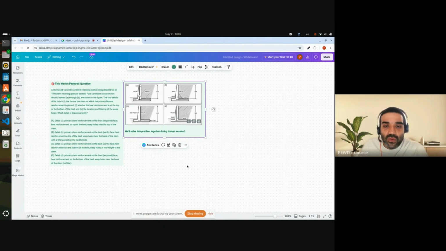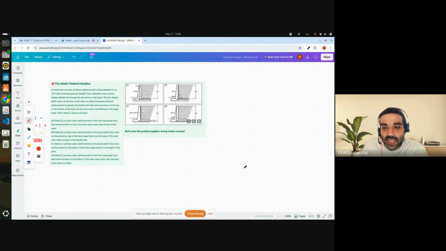So to understand where to put the reinforcement, you need to understand what part of the concrete is experiencing tension.